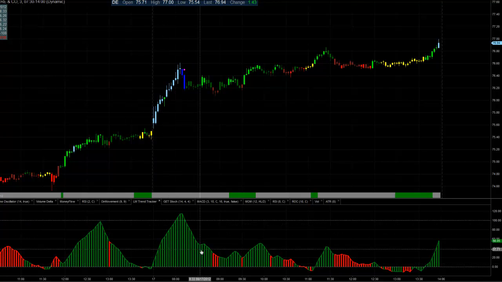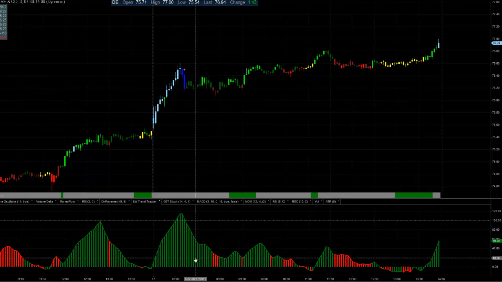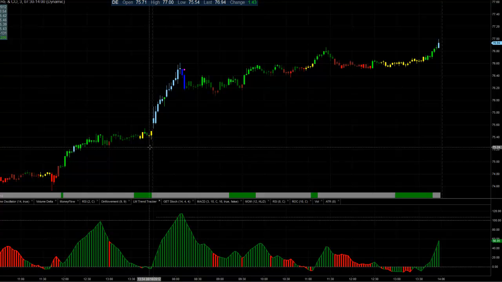For me, it's really about the 20 level, right where my cursor is now. Between 20 and 0, there's really no trend strength in price action, so when price is down there, most people are getting chopped up. But the interesting thing is that when it gets down to 0, that is historically unsustainable.